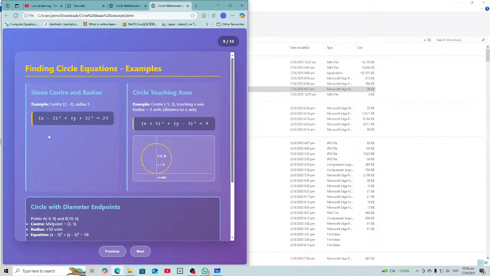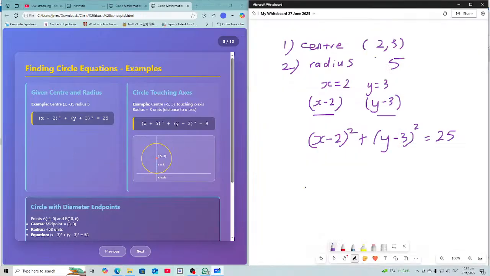Let's say for instance you're given the center and a radius, so you're probably able to form that yourself, right? Not a problem. Now what if I tell you something else, for instance, a circle touching an axis? Probably you have seen that. Very interestingly, if a circle touches the axis, how can we come up with the equation of the circle?